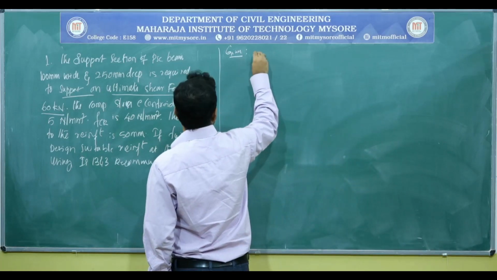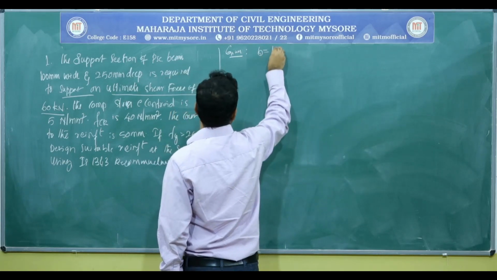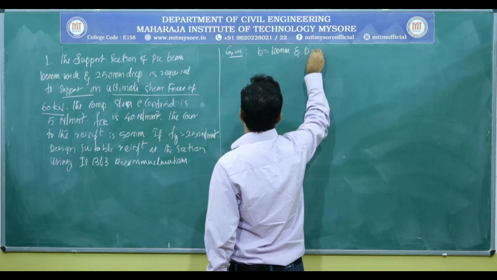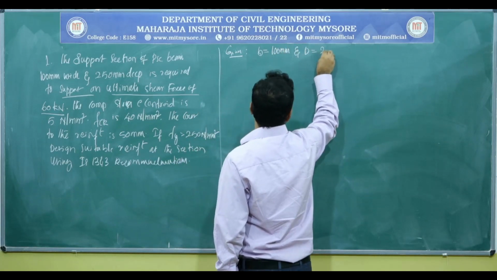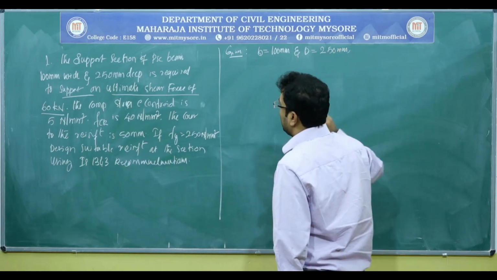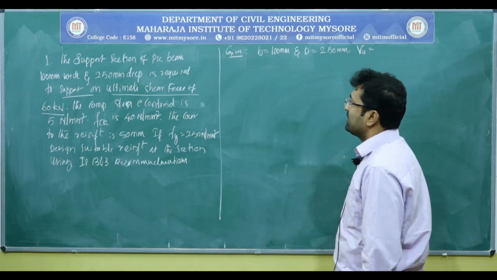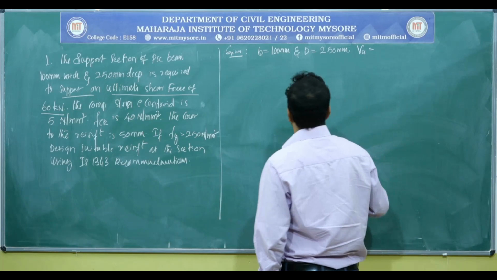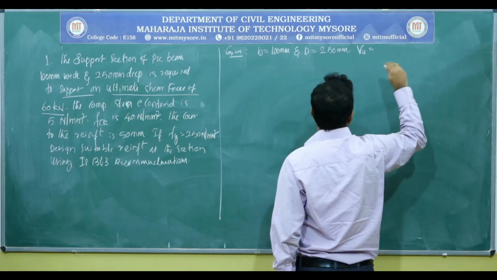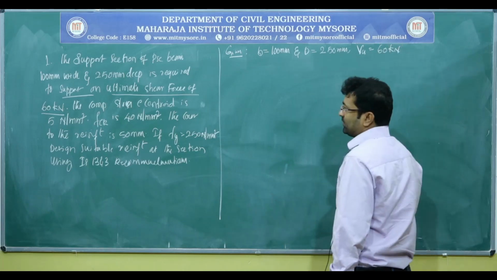They have given the breadth of the beam as 100 millimeter and the overall depth as 250 millimeter, and Vu, that is the ultimate shear force which is supposed to act on the given section, as 60 kilonewtons.